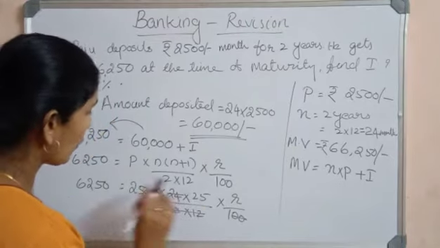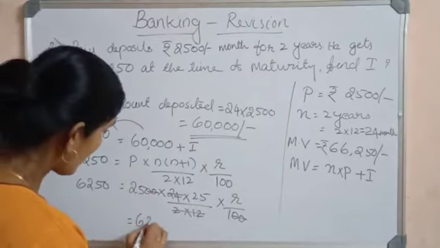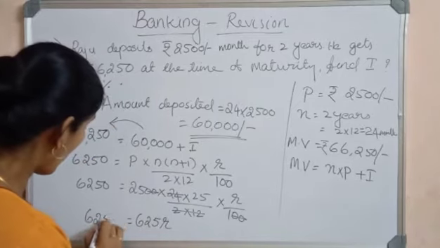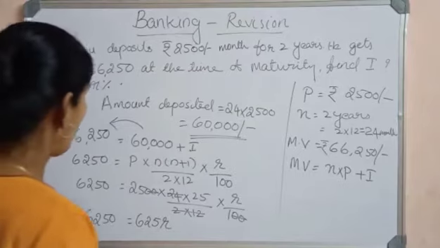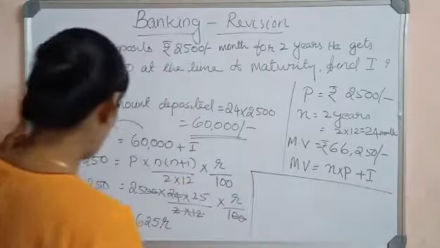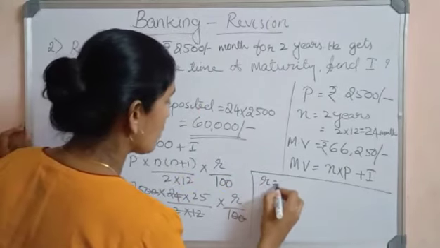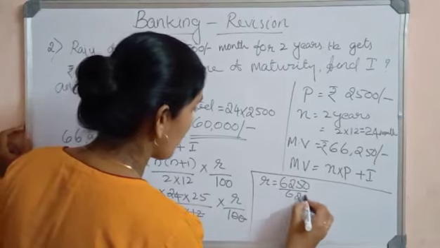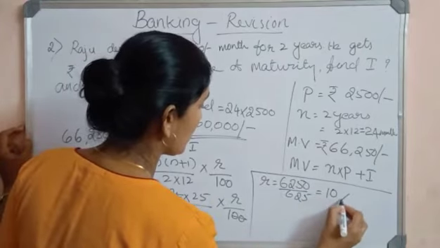Now 25 into 25 is 625 R, and that is same as 6,250. So we got the rate of interest R is equal to 6,250 divided by 625, and that is equal to 10%.